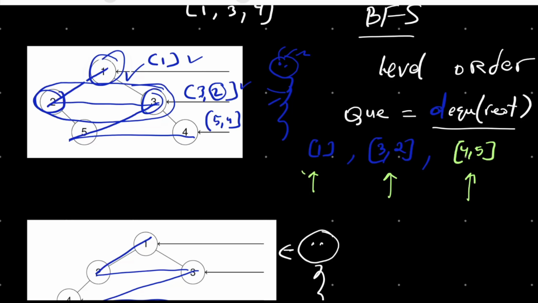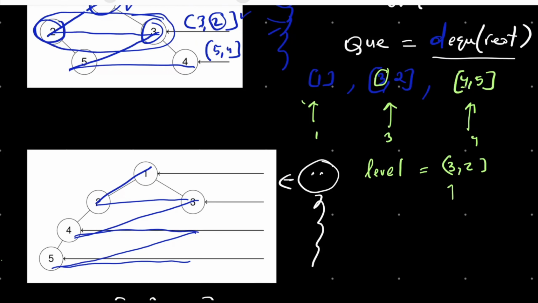All we need to do, we need to return 3, we need to return 4, right, from here. So we need to get this level list. So we need to return the 1 from here, right? Then we need to return 3 from here. We need to return 4. So if this is a level, like the level is say 3 and 2, what we need to do, we need to get the first element, right?